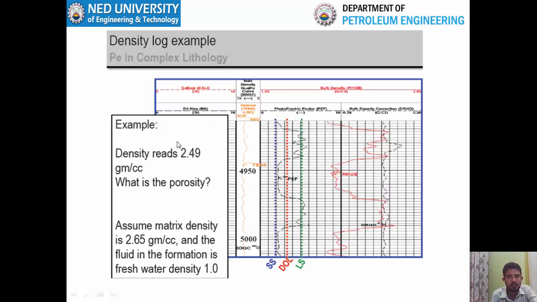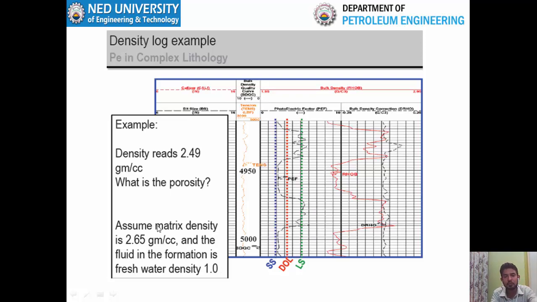For example, the density log reads 2.49 gram per cc, and you have been asked to calculate the porosity. First of all, you need to assume a matrix density, assuming that the rock is composed of quartz sandstone, and the density of sandstone is 2.65 gram per cc, and the fluid in the formation is fresh water, and fresh water density is 1 gram per cc.